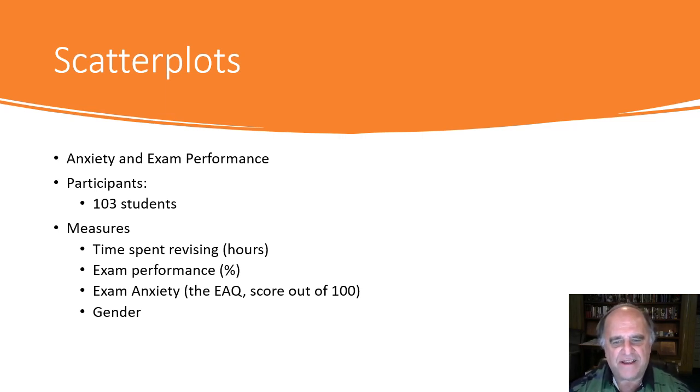Exam anxiety, score out of 100, and gender. And this is not my scatter plot. This one comes from Field, I believe, even though I don't see the Field background, maybe somehow I deleted that.